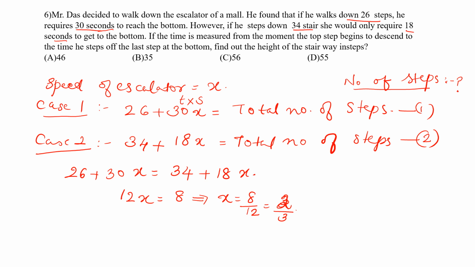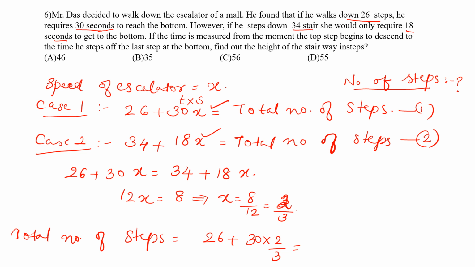So this is x. Now what is the total number of steps? We can substitute for x in either of these two equations. Okay, so total number of steps would be 26 plus 30 into 2 by 3, that is equal to 46 steps. So option A is the correct answer.